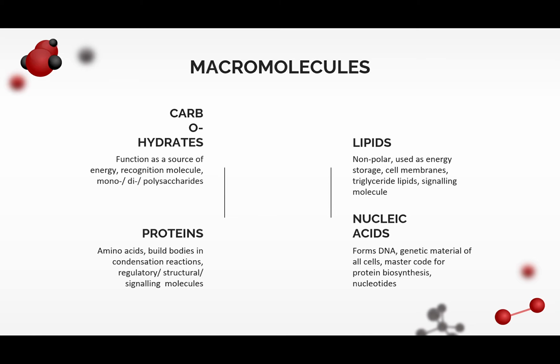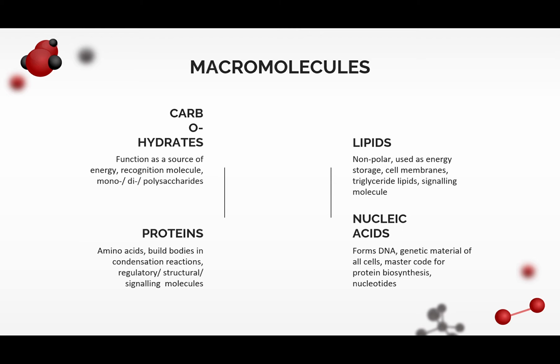Then we move on to the proteins. So they are built up of building blocks called amino acids, and there are hundreds of naturally occurring amino acids. They are building the bodies of living things, and proteins are built in condensation reactions.